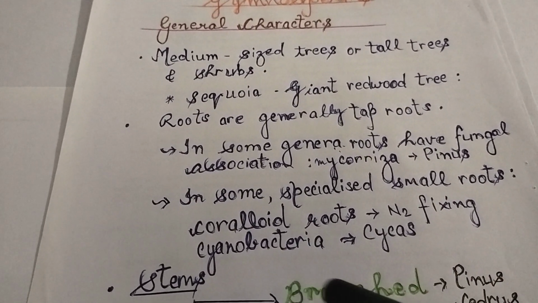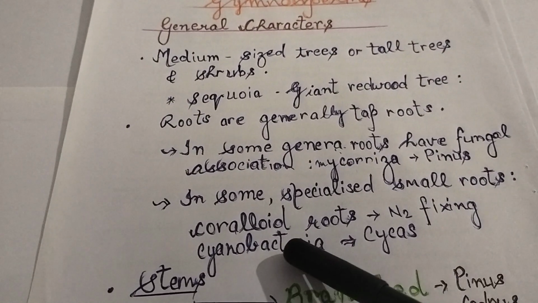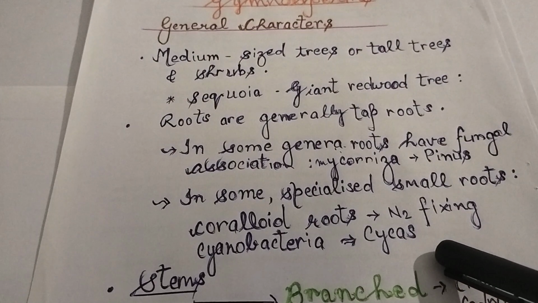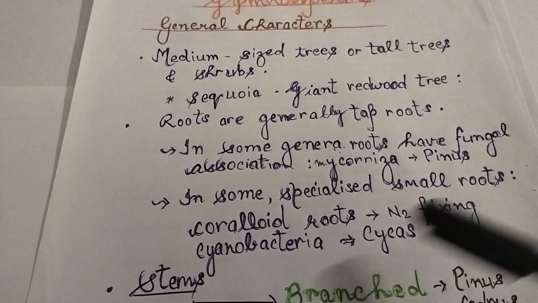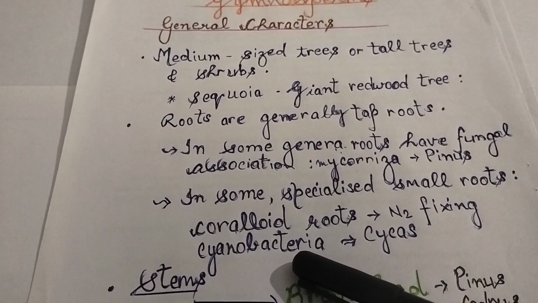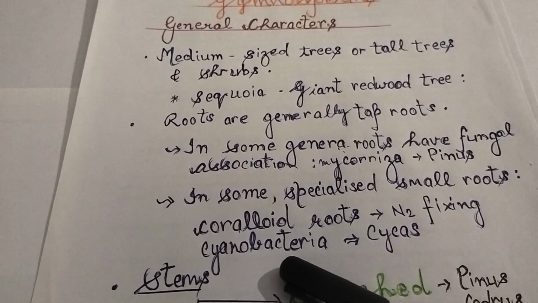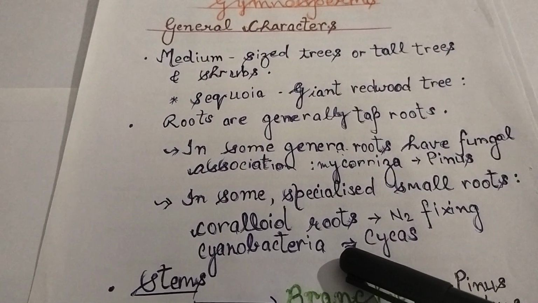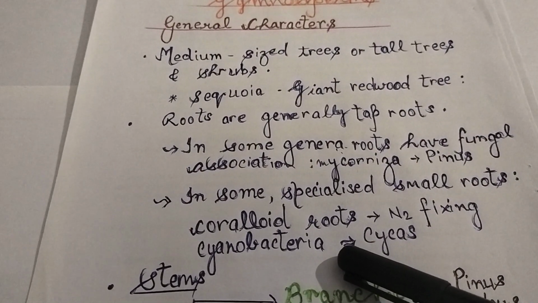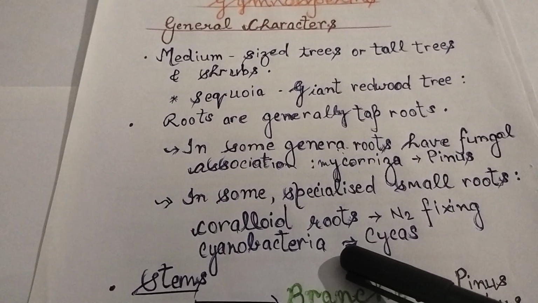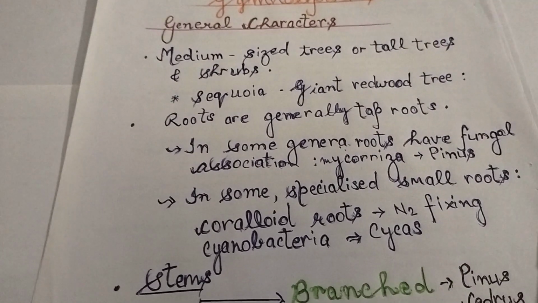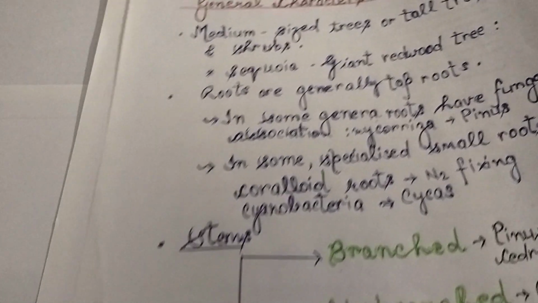The coralloid roots of Cycas are specialized small roots associated with nitrogen fixing cyanobacteria. Remember cyanobacteria? Blue-green algae. And so it helps in nitrogen fixation. We have studied this in algae also.